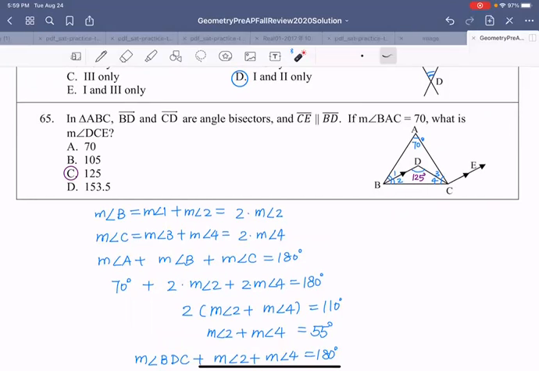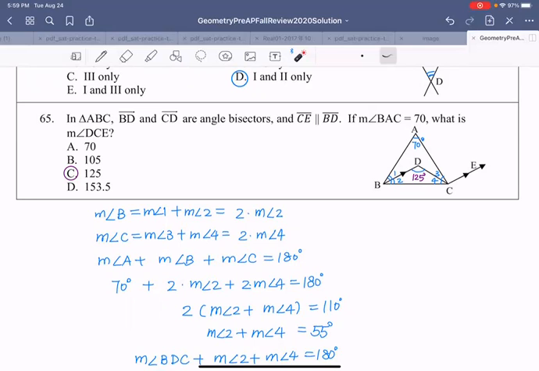So in the entire big triangle, the measure of angle A plus the measure of angle B plus the measure of angle C equals 180 degrees. And then you just substitute the values. So 70 plus 2 times the measure of angle 2 plus 2 times the measure of angle 4 equals 180.